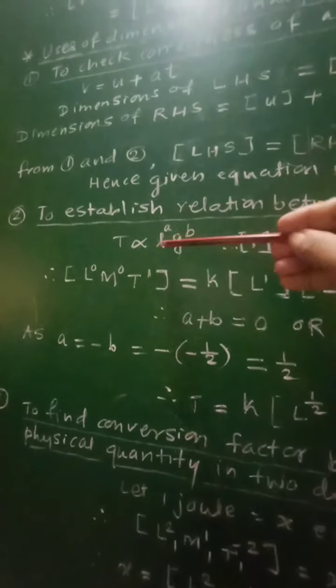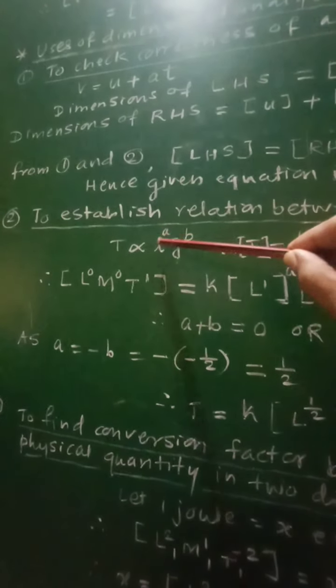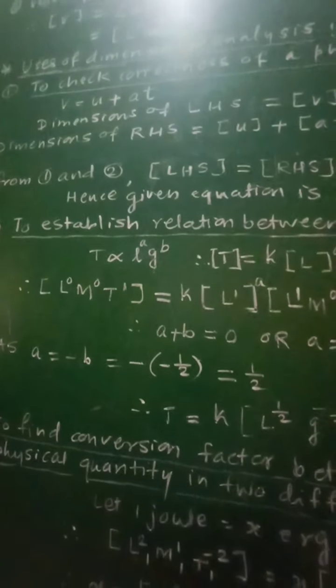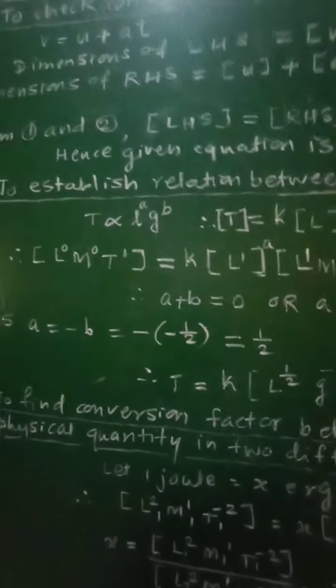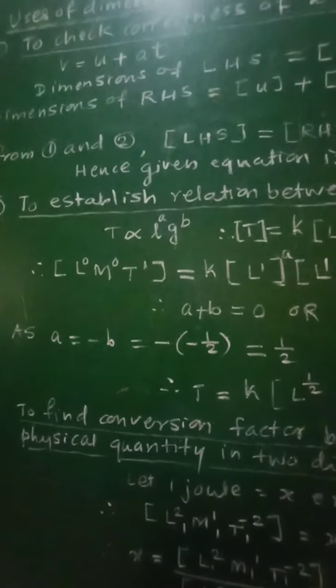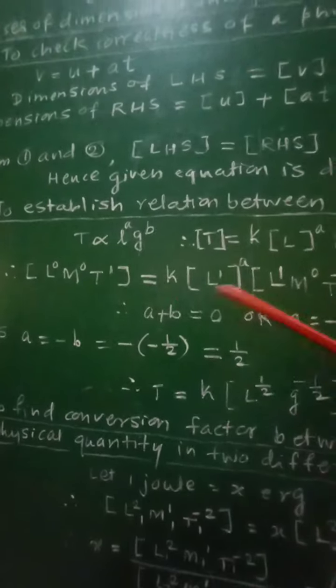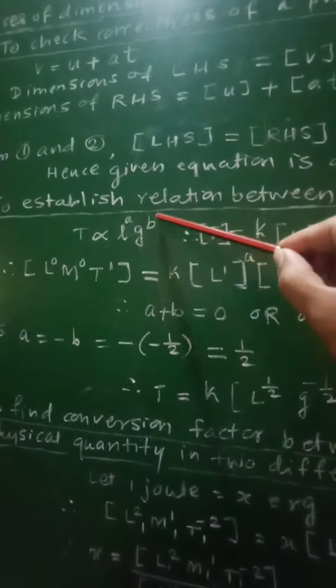For example, here we will consider T, the period of oscillation of a simple pendulum. It depends upon the length of the pendulum L as well as the acceleration due to gravity g. In the form of proportionality, we can write T is proportional to L raised to a and g raised to b.